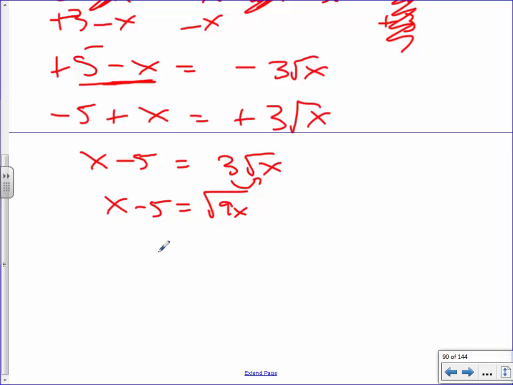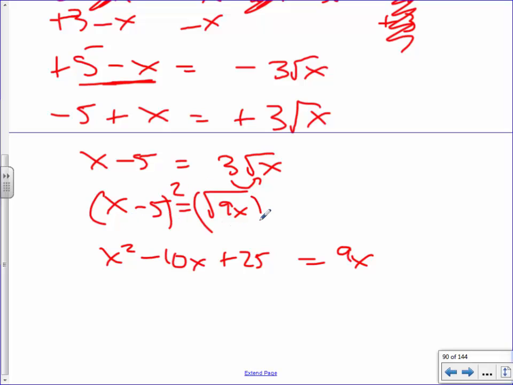Square both sides. X squared minus 10x plus 25 equals 9x. Let me write this out here. You're squaring both sides. Because I put the 3 back under the square root sign, but when you put it under the square root sign, it's now 9. You're good?